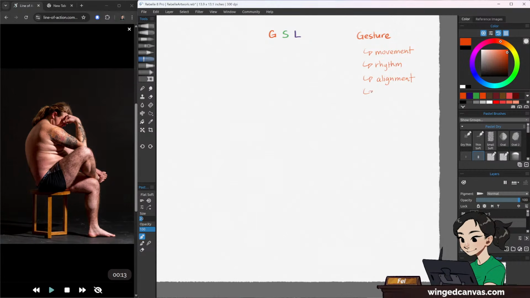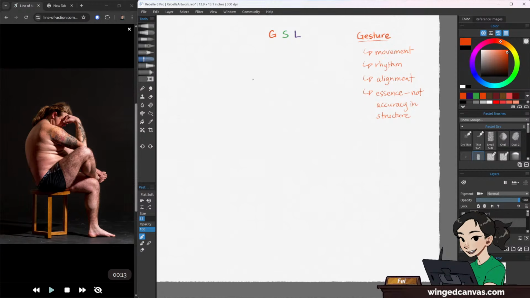And it's about the essence, right? Not accuracy in structure. Okay, you get the accuracy in the alignment, but your goal is not to make it super, super accurate in terms of structure. Okay, so I'll explain what that means in a little bit.